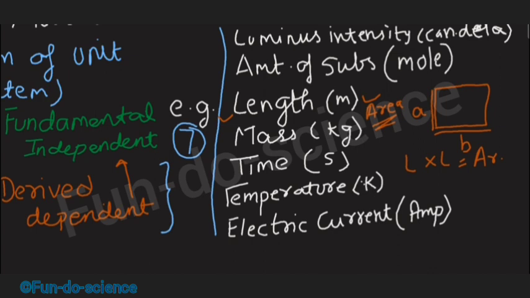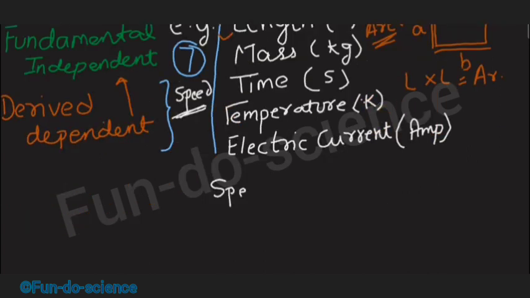One more example which I want you to try is speed. Yes, speed is a derived quantity, while the quantities which define the speed are fundamental quantities. So what is speed? Given by distance upon time, where distance is nothing but the length between 2 points, while time is a fundamental quantity.